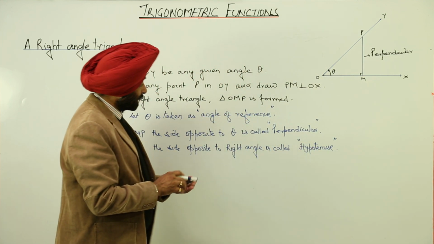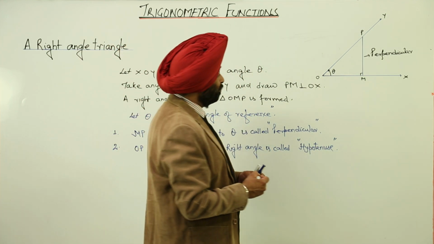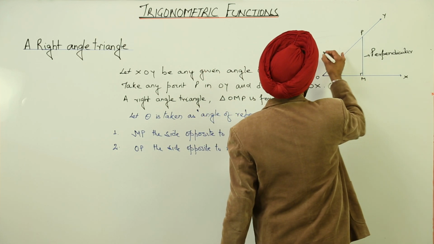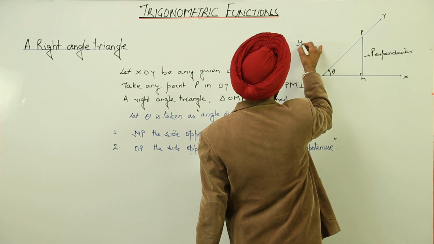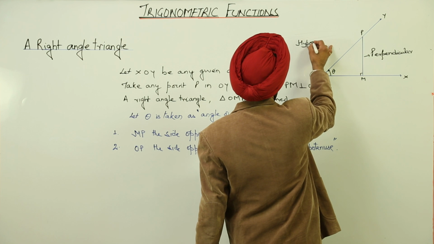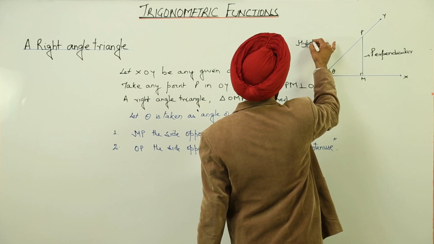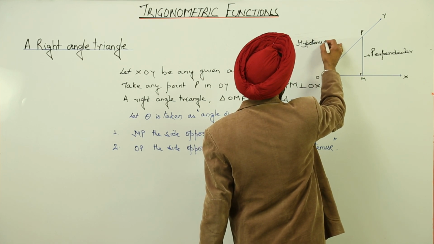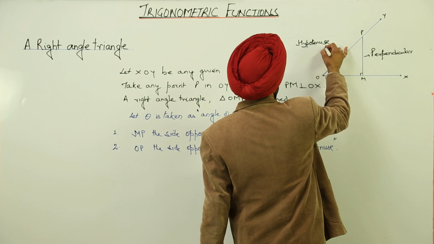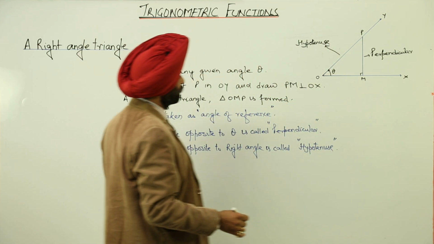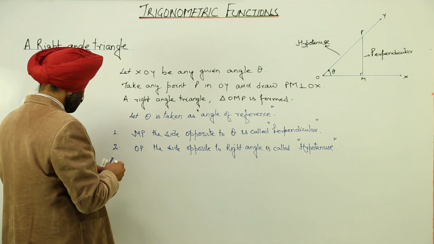Now which is the right angle? M is the right angle. So this side becomes the hypotenuse. This is the hypotenuse.